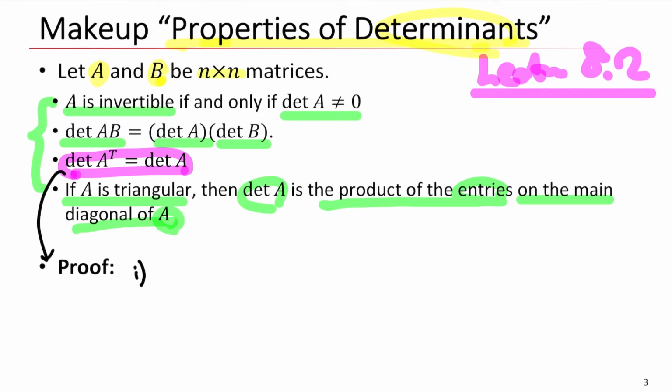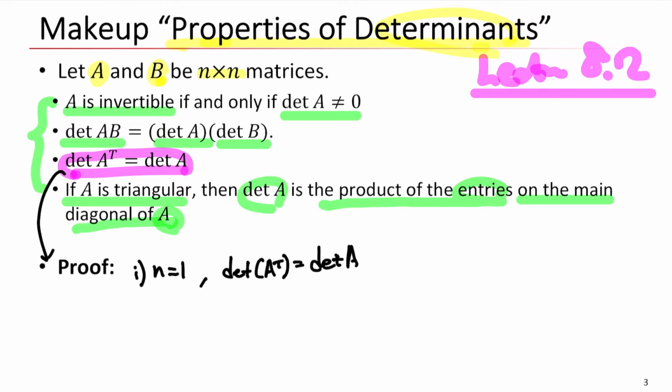When n is equal to 1, the matrix A is just a scalar value. In this case, the determinant of A transpose equals the determinant of A is always true, because A and A transpose are just the same scalar value.